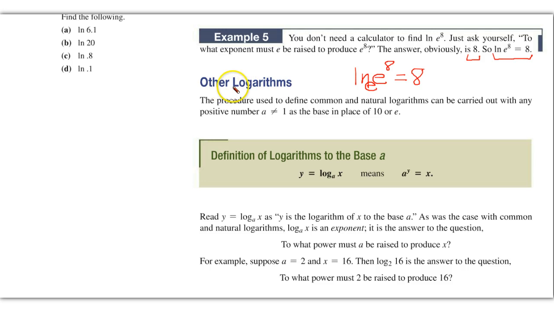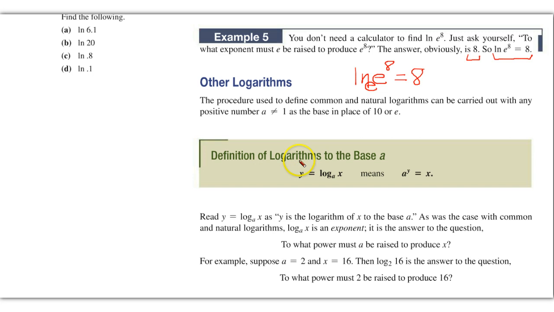Now, there are other logarithm systems other than base 10, the common log, or the natural log base e, as long as the base a is not equal to 1, it can be replaced where the 10 would be or the e would be.